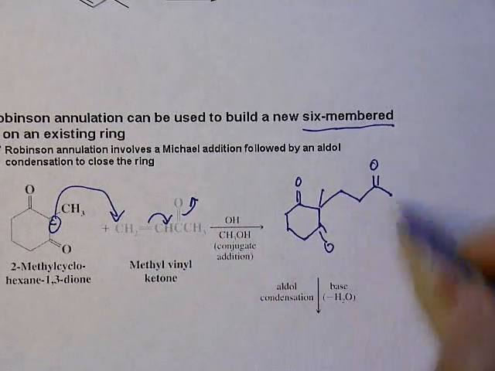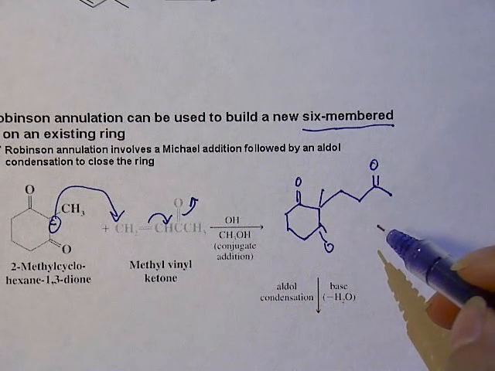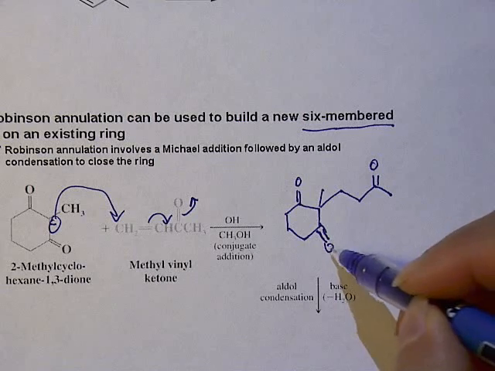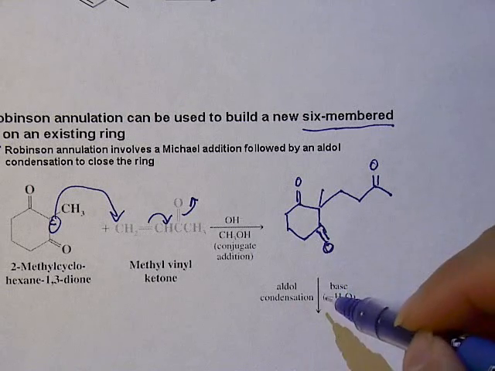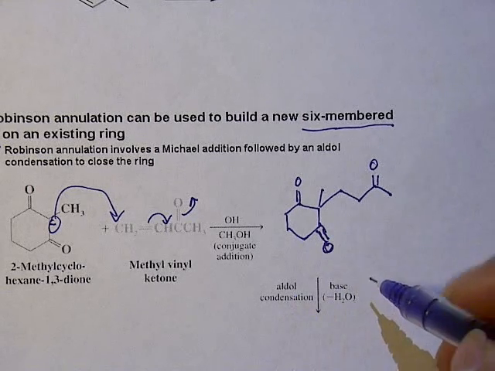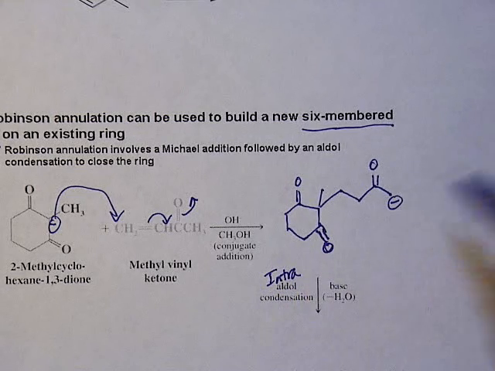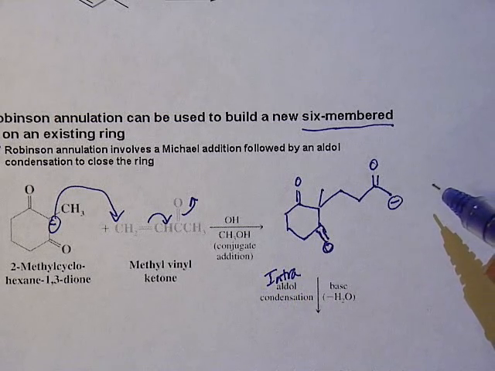And notice here, you have all kinds of carbonyls. So what happens is then an intramolecular aldol condensation occurs. So here a 6-member ring forms because that's more stable.